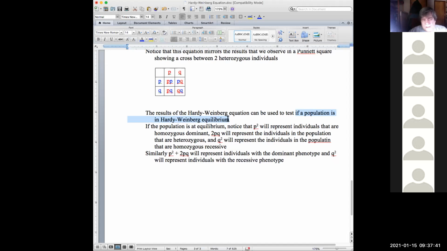And in a population that's in Hardy-Weinberg equilibrium, probably the best way to think about it is that the allele frequencies are not changing.